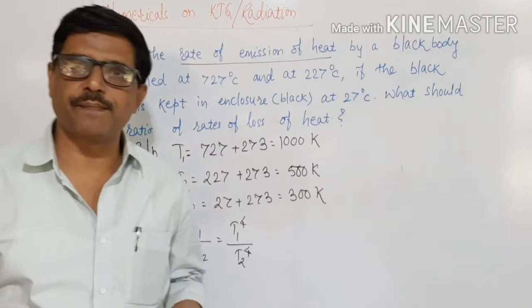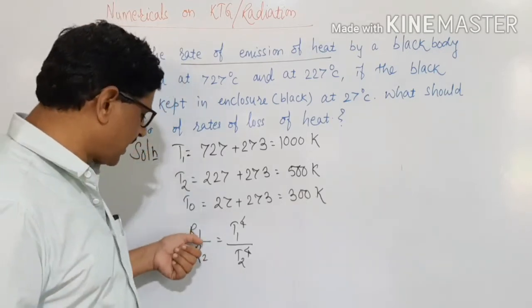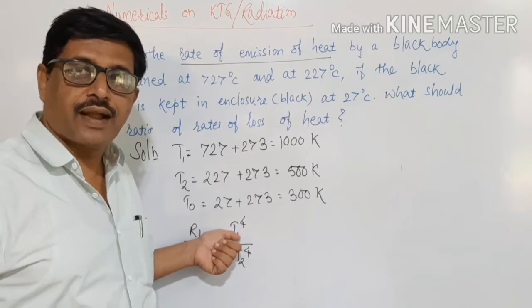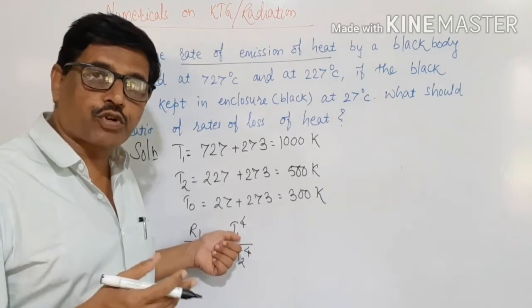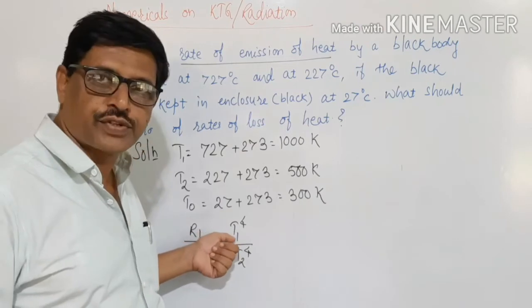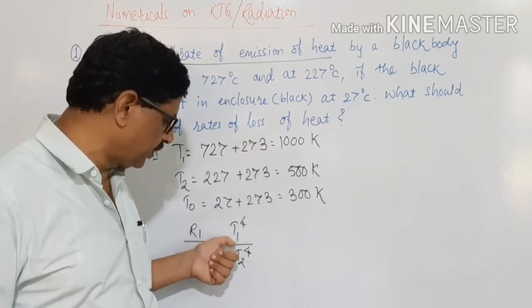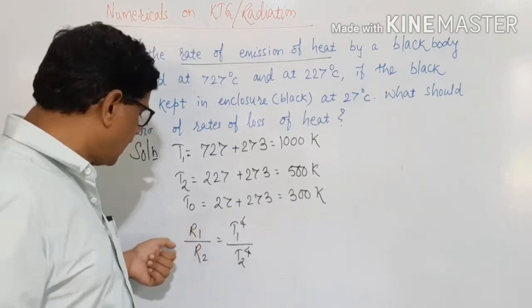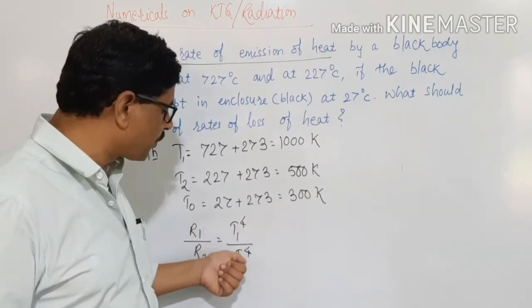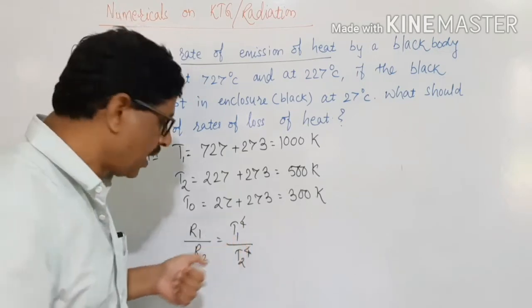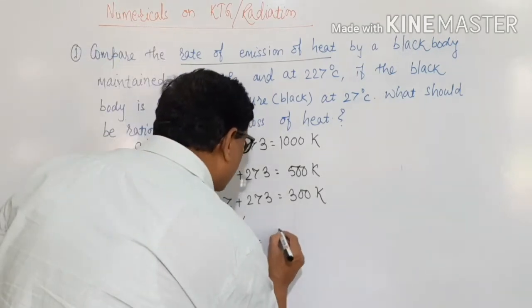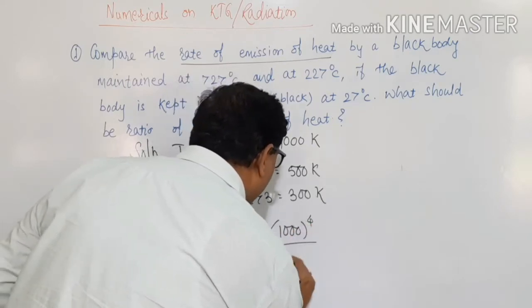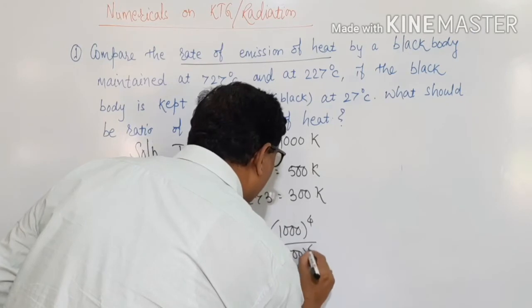The reason is very simple, because this rate of emission is directly proportional to the fourth power of absolute temperature, and in order to remove the proportionality constant, we take Stefan's constant, but Stefan's constant in the numerator and denominator gets cancelled. Therefore what remains here is R1 by R2 is equal to T1 to the power of 4 divided by T2 to the power of 4, equal to 1000 to the power of 4 divided by 500 to the power of 4.